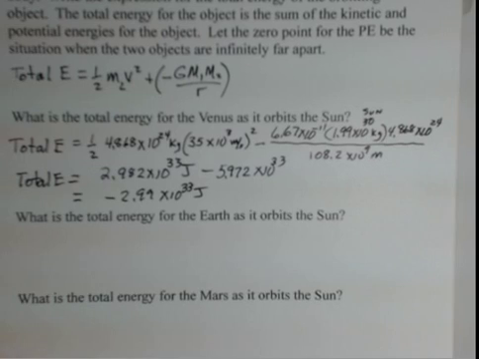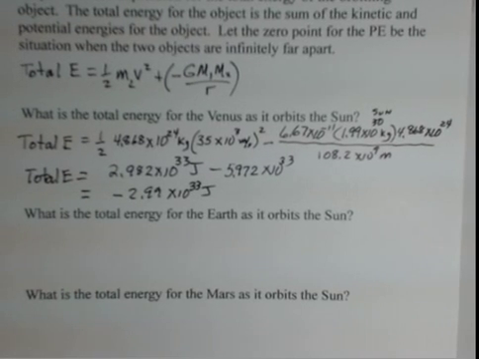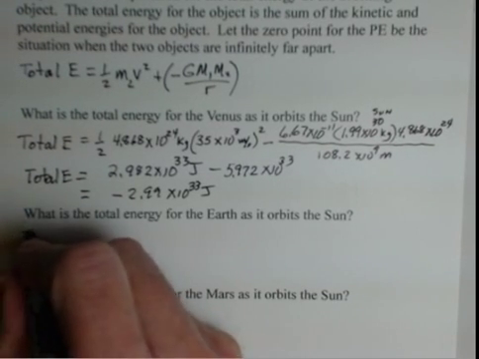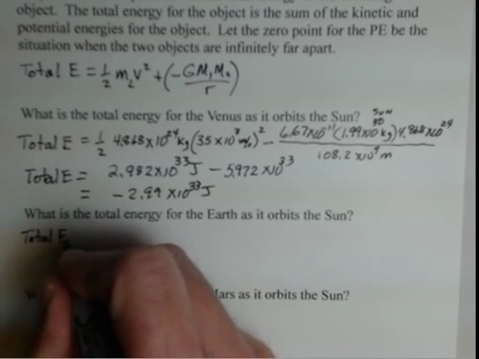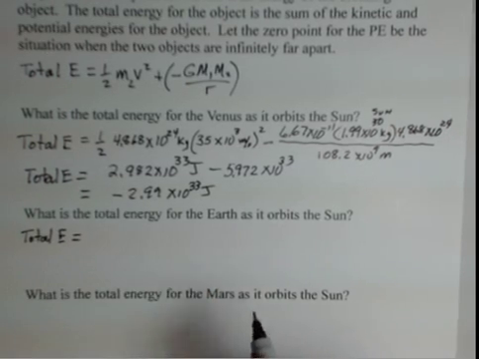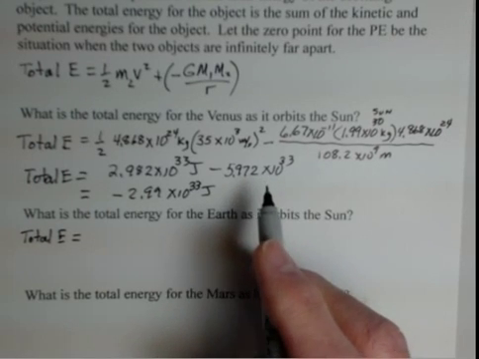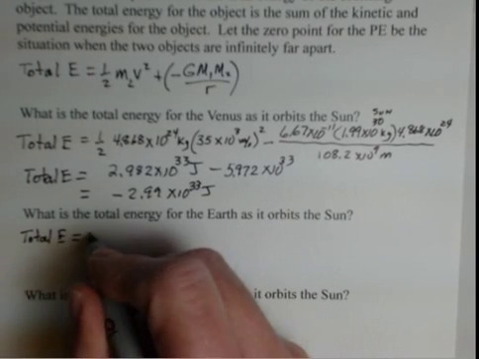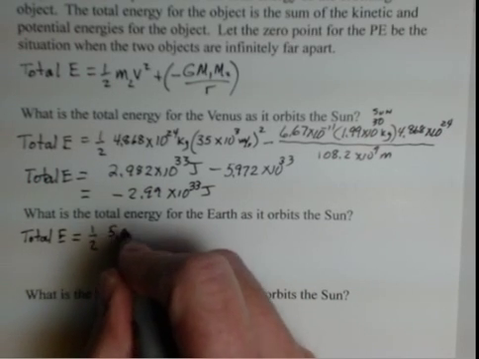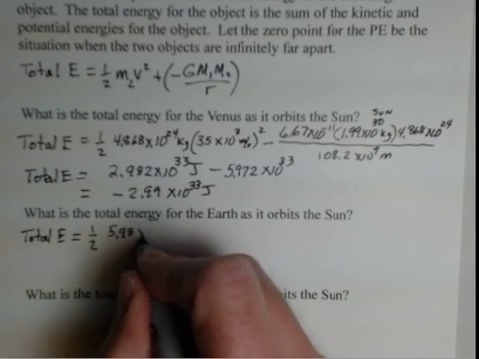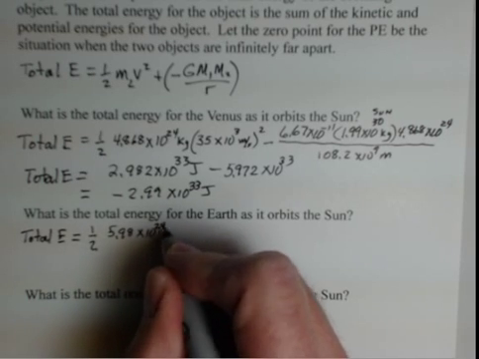So for an object in orbit. What about the Earth? Well, same style of calculation. Kinetic energy and the potential energy are added up. Again, the potential energy will be negative. But for the Earth, we have 1/2 the mass of the Earth, 5.98 times 10 to the 24th kilograms.